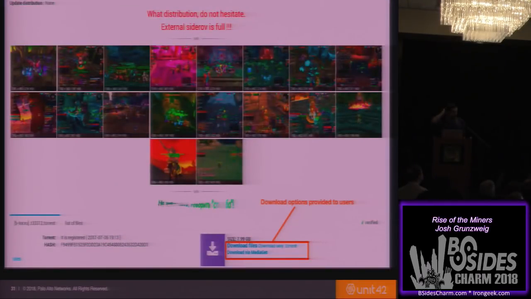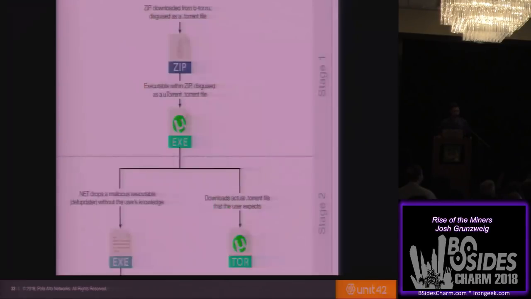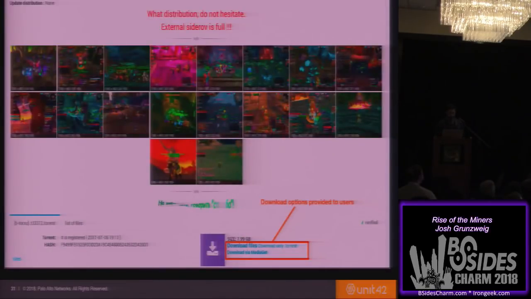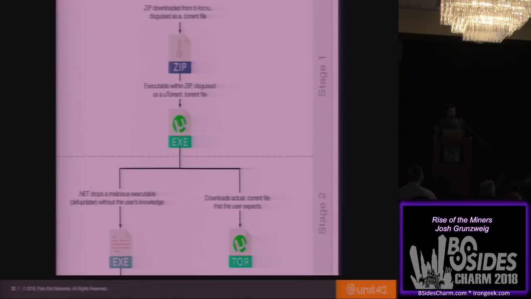So when a user clicked on this download torrent link at the bottom right for a given torrent, they were not given a torrent. They were instead given a zip file, which was named like the torrent. In this case, it's World of Warcraft, so it would be named worldofwarcraft.torrent.zip. The zip file had an executable in it, which had a little uTorrent logo to try to make it again look like a torrent file.